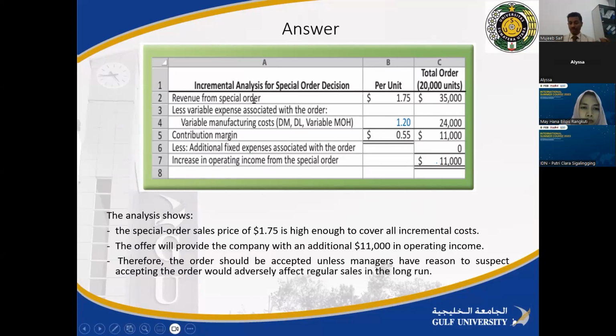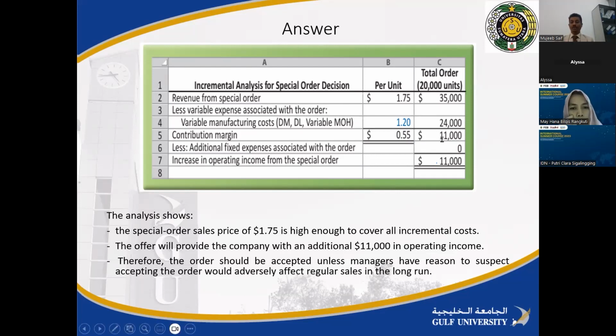Revenue from this special offer will be 35,000. This is the revenue I will receive, and I should pay expenses to produce this special order, which is 1.2 for each filter. The total amount that I will pay is 24,000. This is the variable cost that I should pay in order to produce it.